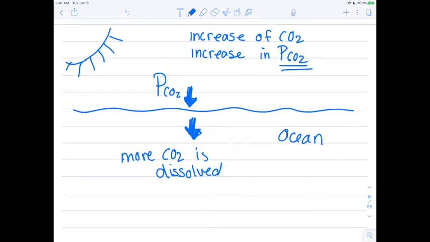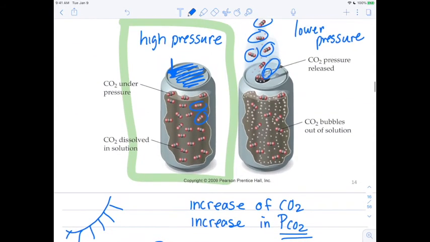All right, so the idea was the pressure from the CO2 is pushing more CO2 into the ocean, just like the partial pressure of CO2 inside of this can is pushing the CO2 into the soda here. So that is true. Andrew brought up a really good point.